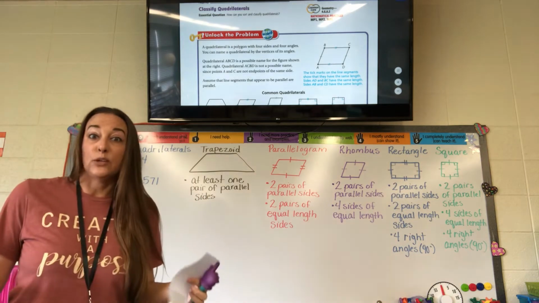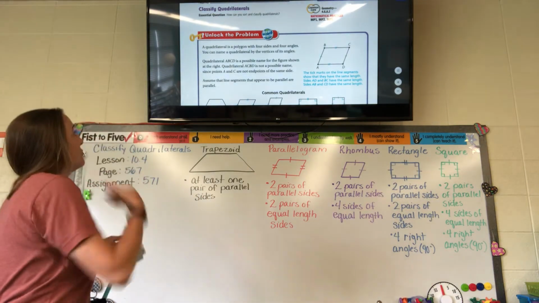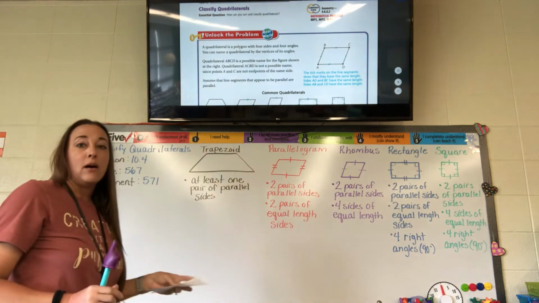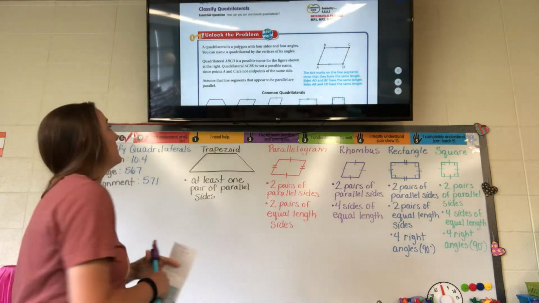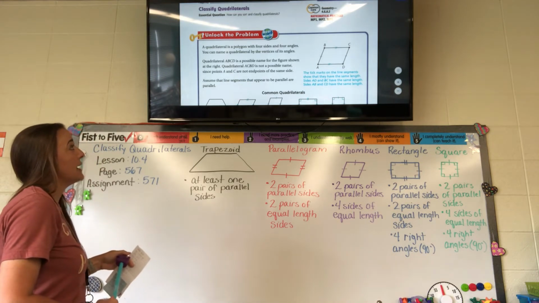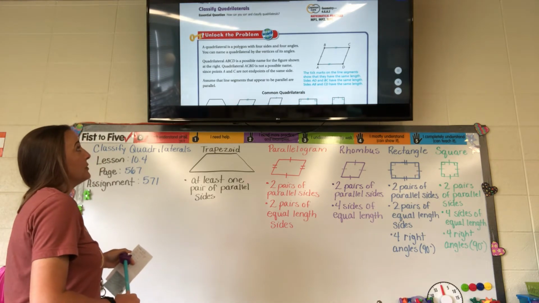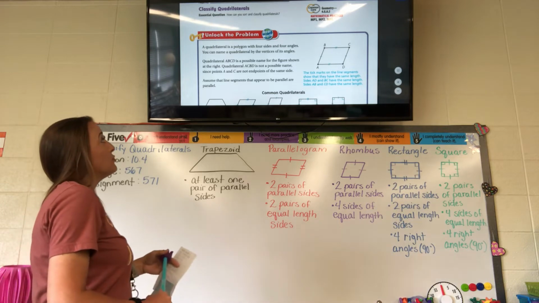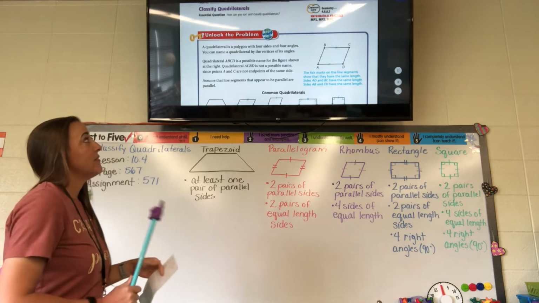So first, what is a quadrilateral? Well, a quadrilateral is a polygon, a closed figure, with 4 sides and 4 angles. You can name a quadrilateral by the vertices of its angles.